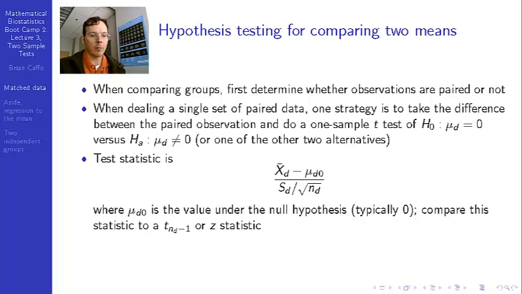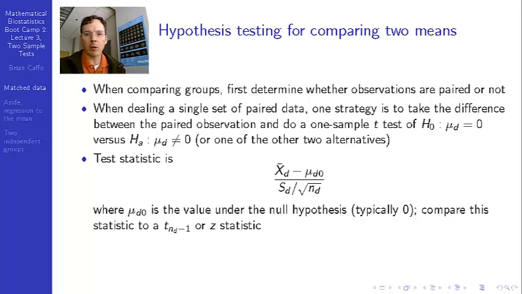We used sleep as an example the other day. So imagine if you wanted to compare the low blood pressure people to high blood pressure people and compare their RDI, their respiratory disturbance index. Well, that seems like it would be unpaired, because the low blood pressure people would be one group of people and the high blood pressure people would be another group of people.